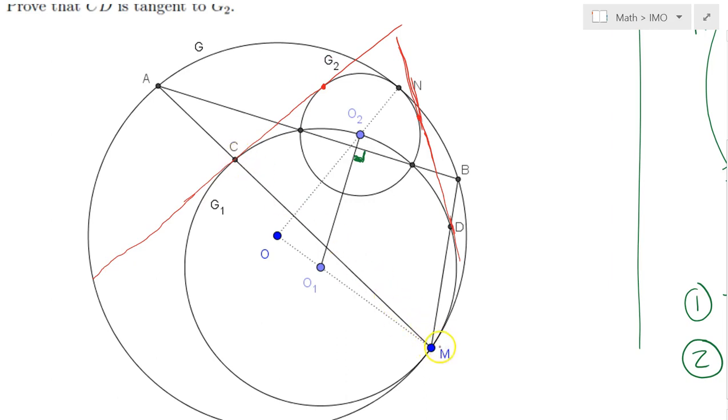MC should go through, in fact, the midpoint of this minor arc. So let me label these points so that we are clear on what I mean here.